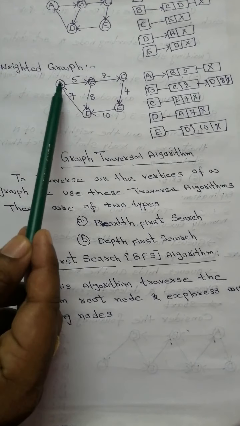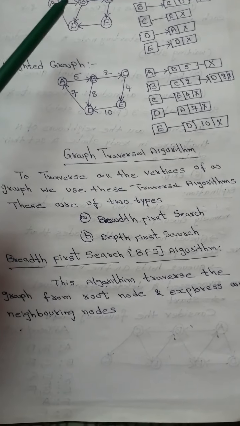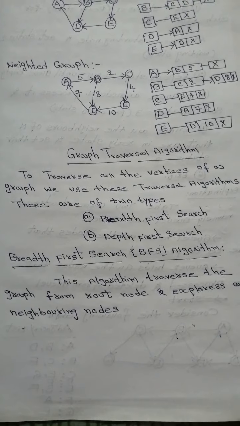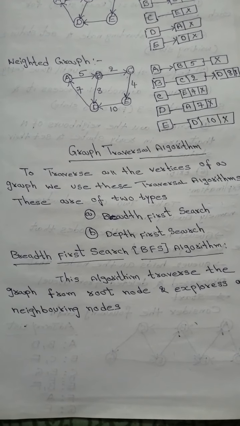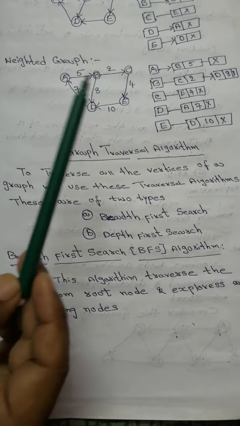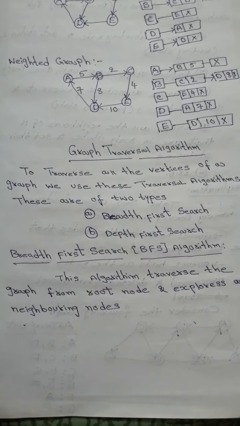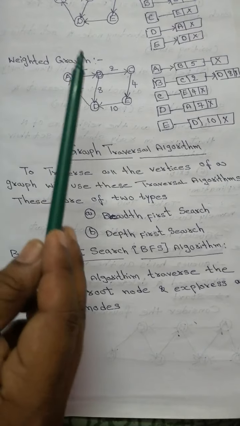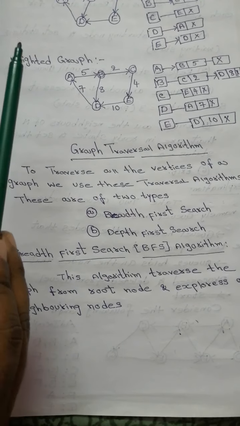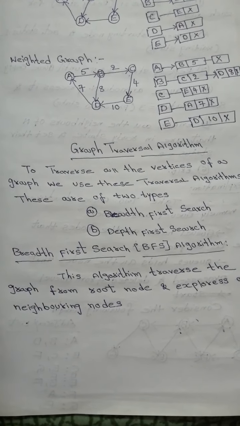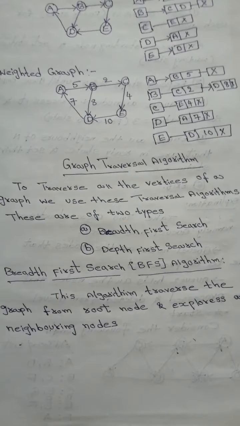Up to the directed graph, we are storing only nodes, adjacency nodes. Now with a weighted graph, we will be storing value and then its adjacency node. This is how we are representing graphs in sequential representation and linked representation.